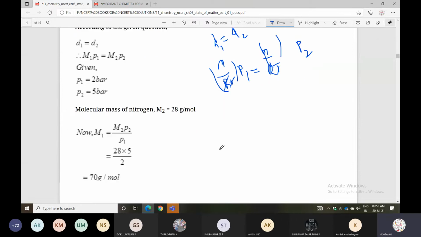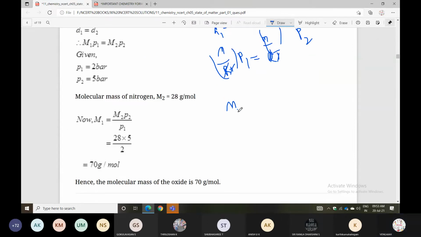Finally, what you get is M1 P1 equal to M2 P2.